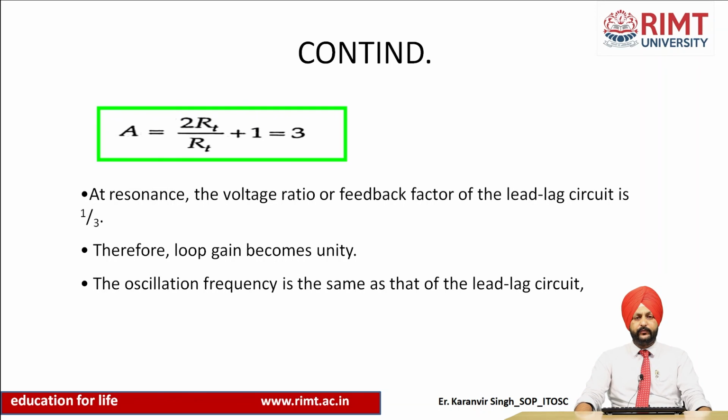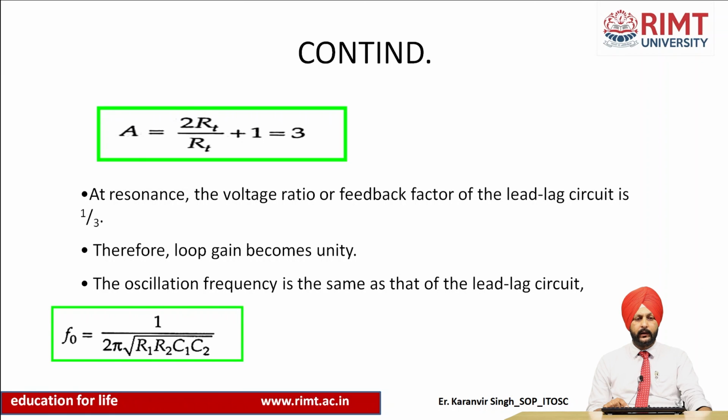We can see from the diagram that the overall gain A is equal to 2RT divided by RT plus 1. After calculating this equation, the value of the overall gain A will be equal to 3. The frequency of oscillation will initially be 1 divided by 2π under root R1 R2 C1 C2.